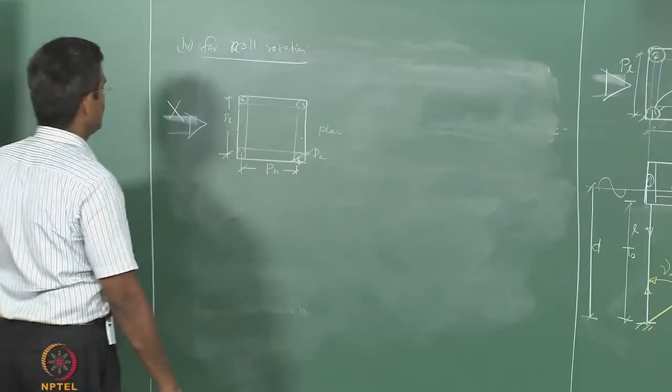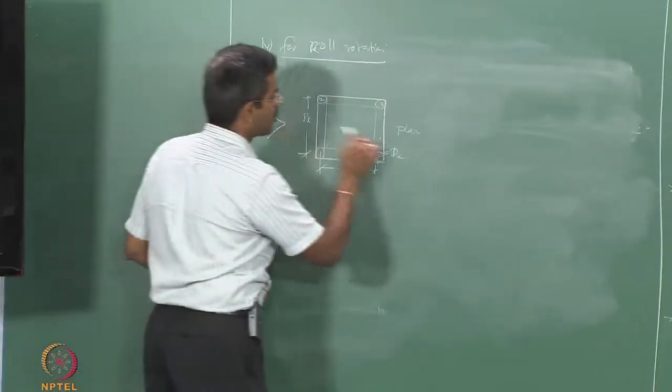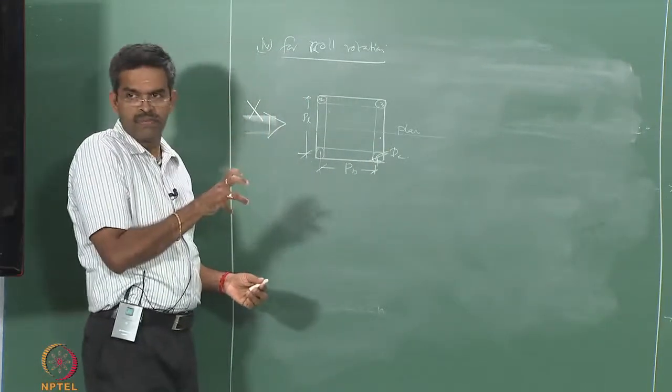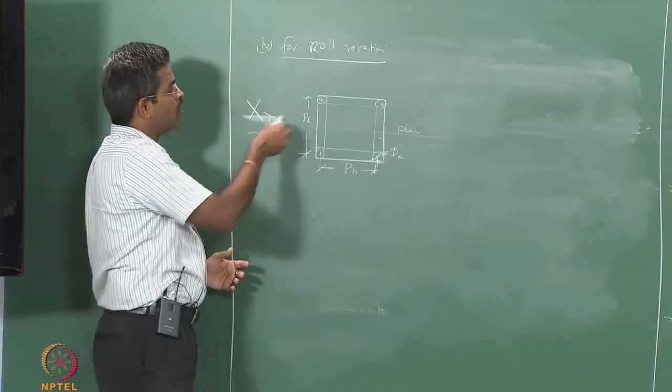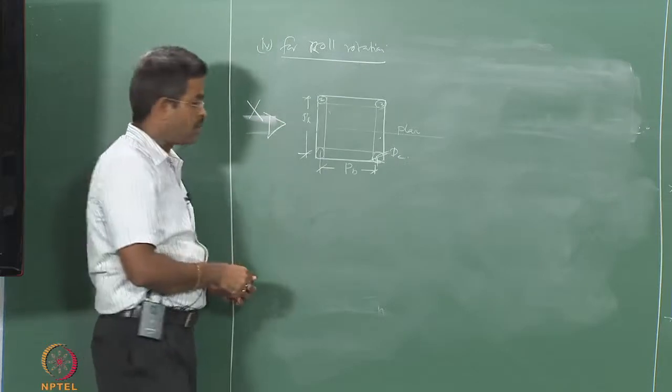Now I have to give a unit roll. The roll means it has to be rotated about this axis. So I have to draw the view from this direction. My right hand side column will be 1 and left will be 2. Let me draw that here.